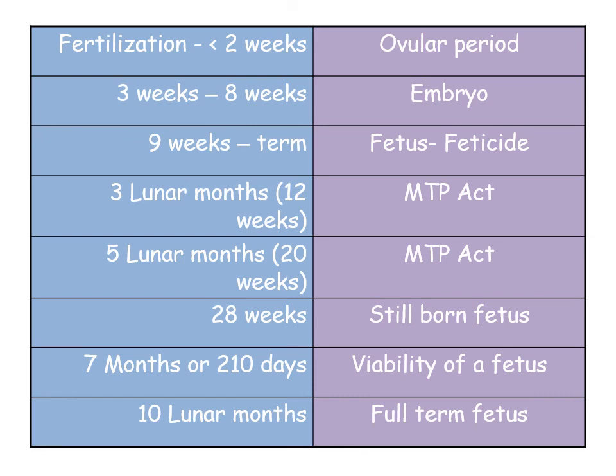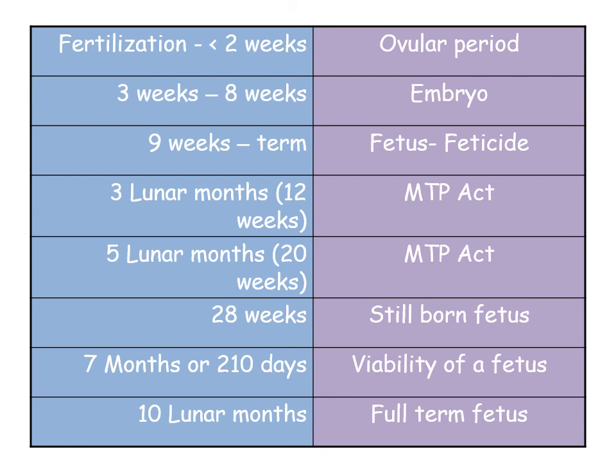Before that, in the 16th week or the end of the 4th month, if the baby is quick, the punishments will keep changing based on that. Then comes the 7th month or 210 days. It is the viability, where the baby can lead a life independently even if separated from the mother.